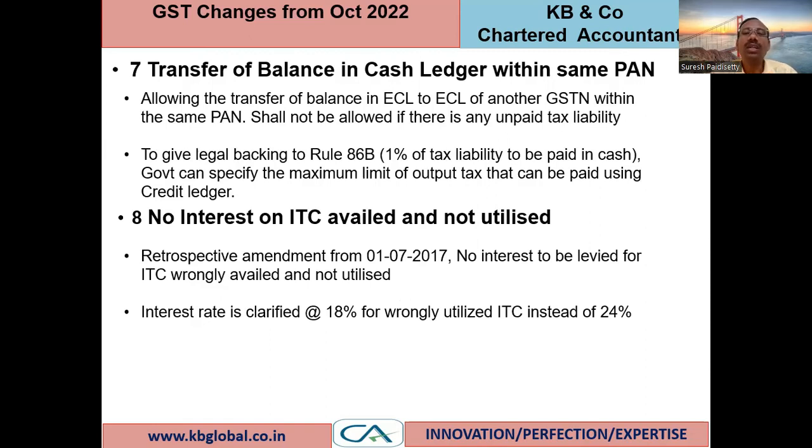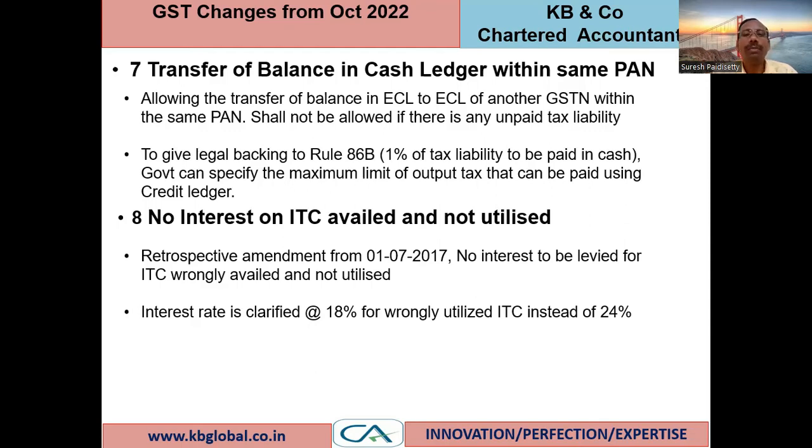It shall not be allowed if there is any unpaid tax liability. Suppose in another GSTN they have any unpaid tax liability, then that cannot be transferred to another GSTN within the same PAN. So transfer of balance they have allowed now. To give legal backing to Rule 86B, 1% of tax liability to be paid in cash, the government can specify the maximum limit of output tax that can be paid using the credit ledger.